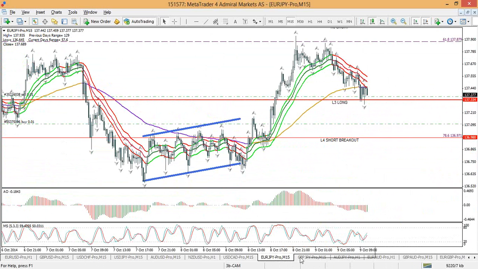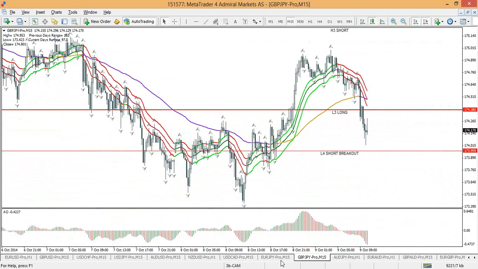Although EUR/JPY seems to be a contender as well under certain circumstances. So we could make that conclusion when looking at not only moving averages but looking at pivot points and trend lines.